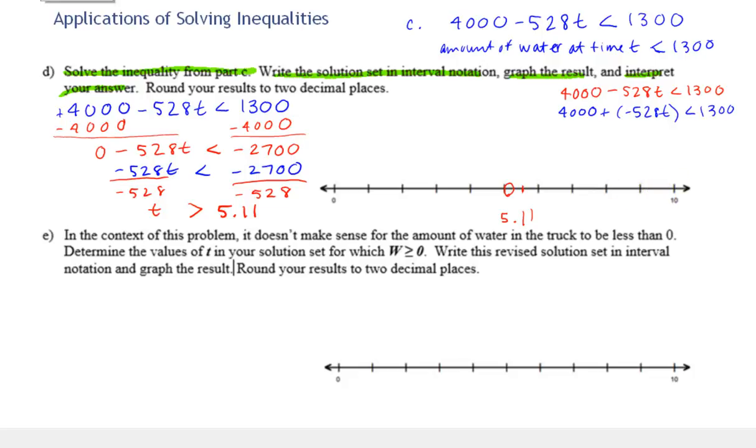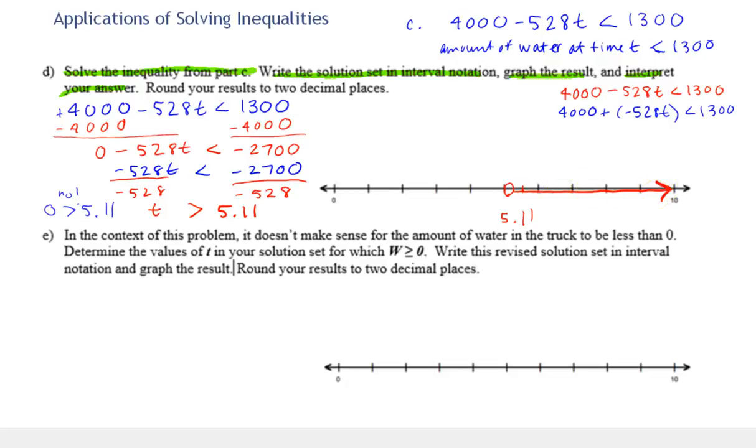If you still like to pick test values, which is always a good plan, and 0 is my favorite, we can replace t with 0 and ask, is 0 greater than 5.11? The answer is no. So we don't want the side with 0, we want the other side. So now I'm going to draw the line and the arrow showing that this moves infinitely in the positive direction.